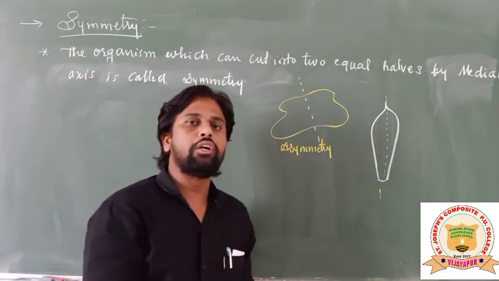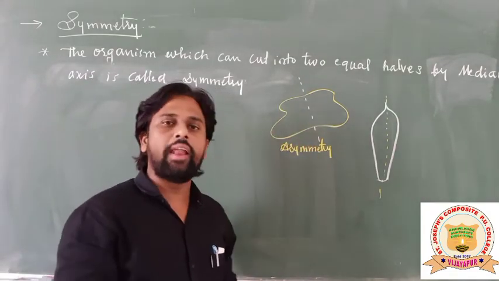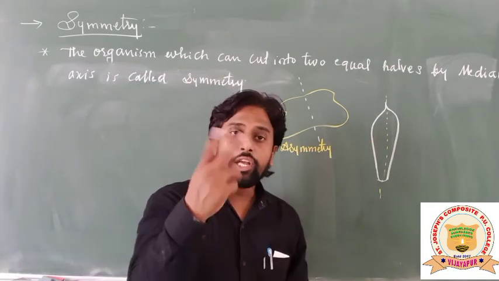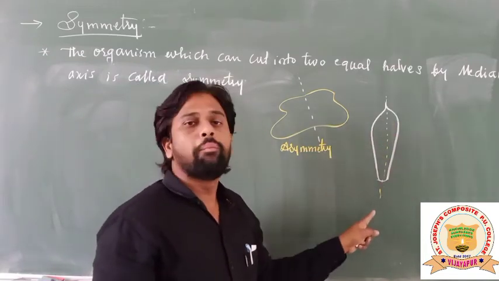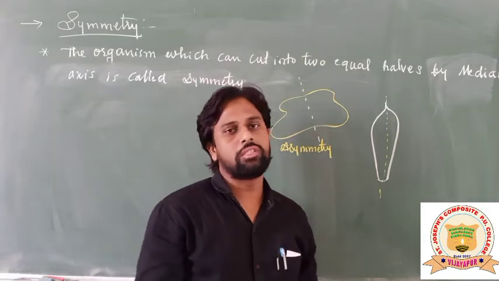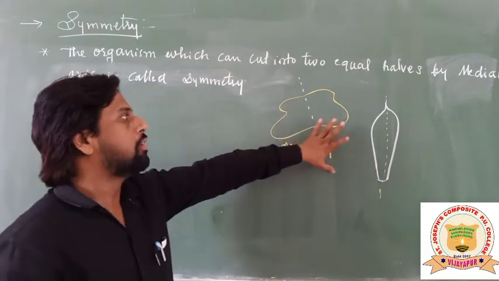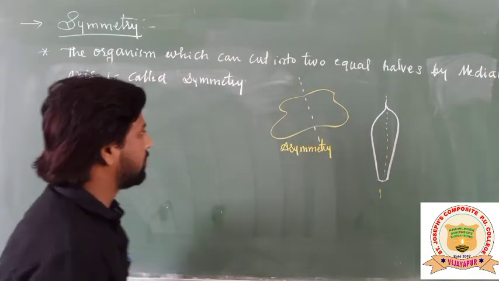Wherever we don't get two equal halves by cutting along the median axis, that is called asymmetry, and wherever we get two equal halves cutting along the median axis is called symmetry. So in this way you can get the definition and the example for symmetry, students.